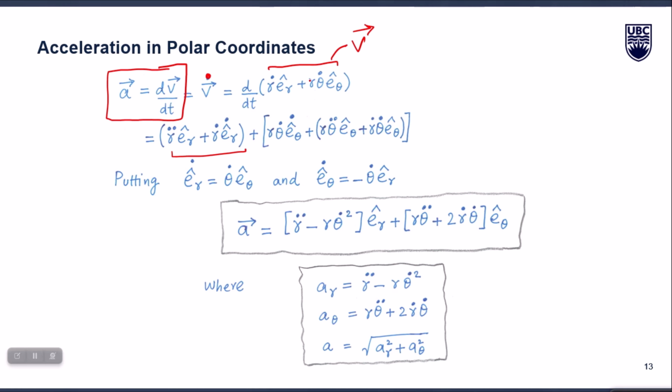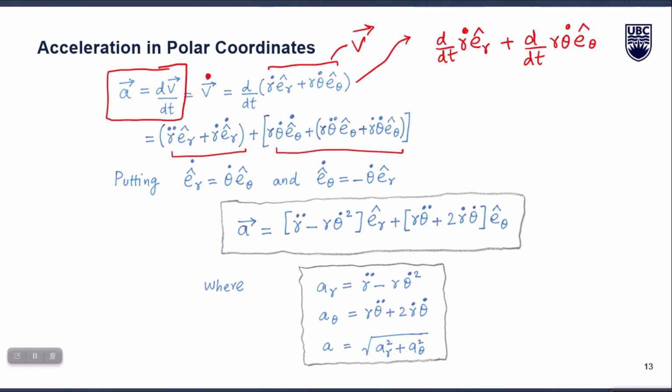So let's do that exercise quickly. I can write this as d by dt of r dot e sub r unit vector plus, the differentiation going to the second term, d by dt of r theta dot e sub theta unit vector, right?